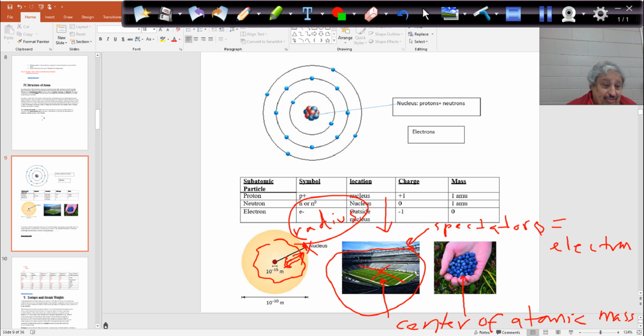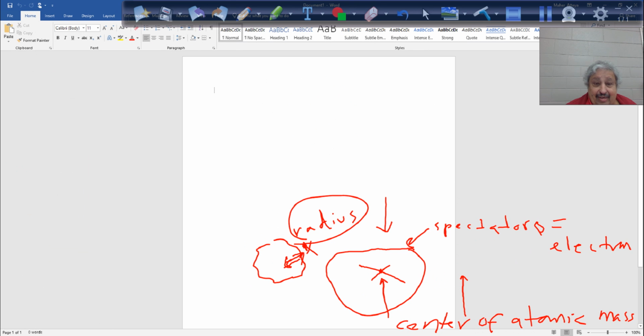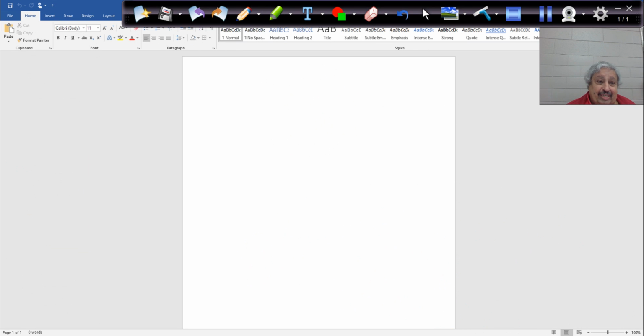So we'll go to the real periodic table. As I said, the periodic table will give you the information about the symbol of the atom. This is Cl, 17 and 35.5. Two numbers.